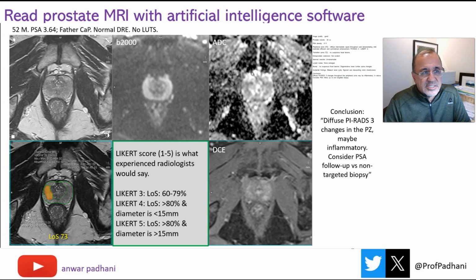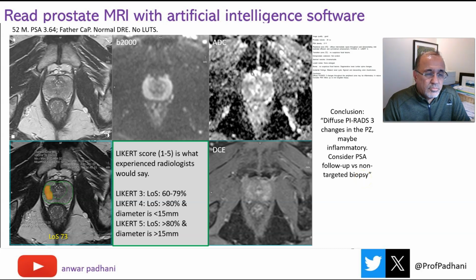Let me show you a different example. 52-year-old man, family history, PSA is 3.61, and this was reported as diffuse PSA DRE changes in the peripheral zone, may be inflammatory. Consider PSA follow-up versus non-targeted biopsy.